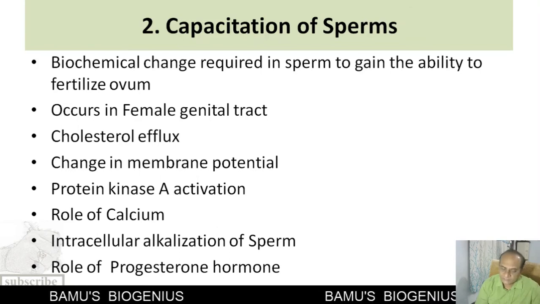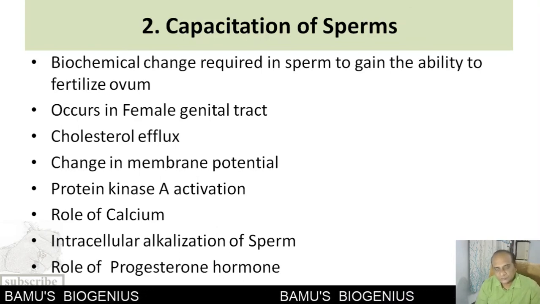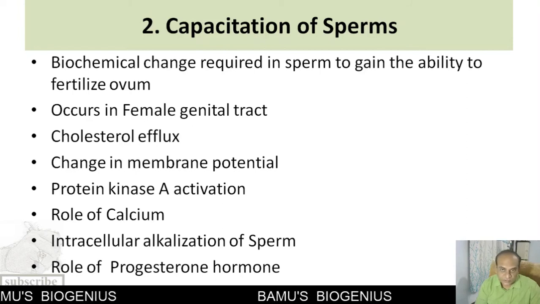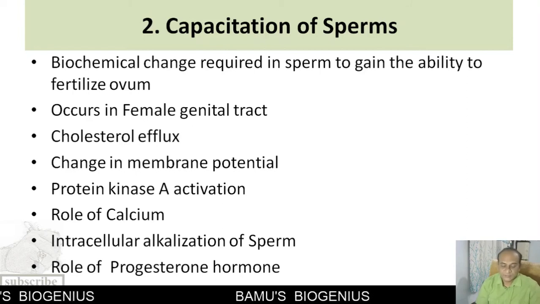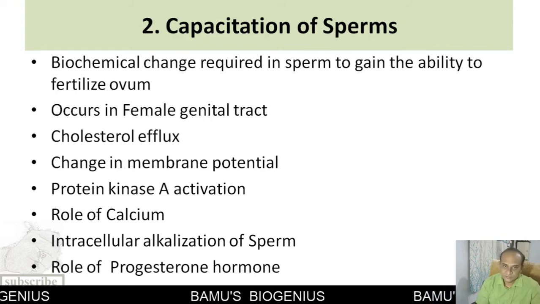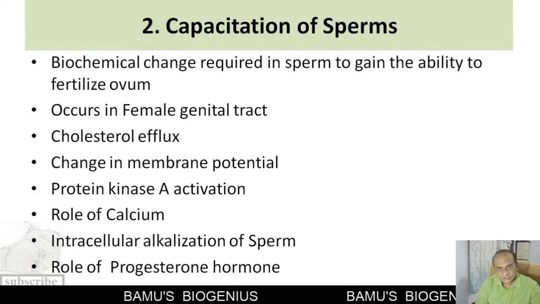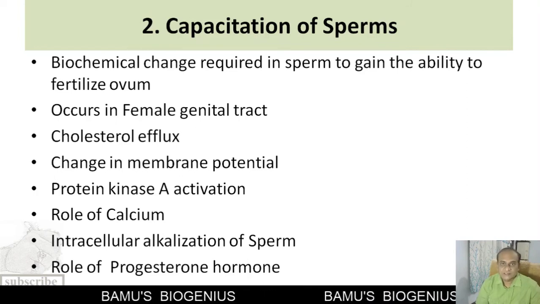Now, because of this, the K positive ions inside the sperm are removed, or they go out of the sperm, and because of that, the membrane potential changes. As this membrane potential changes, certain kinds of channels open.